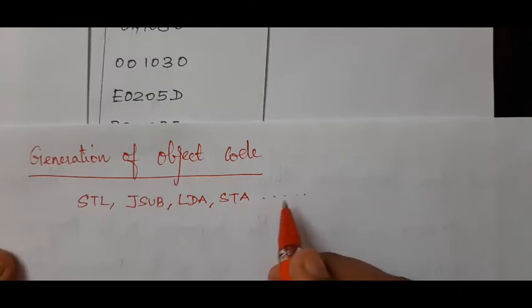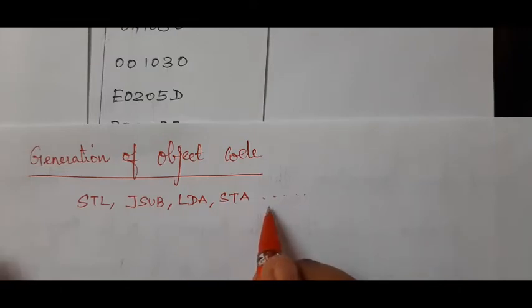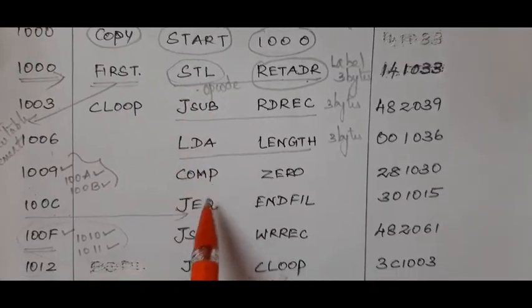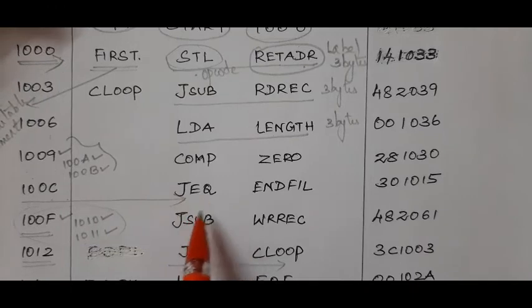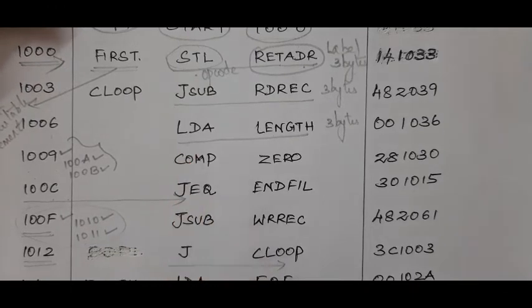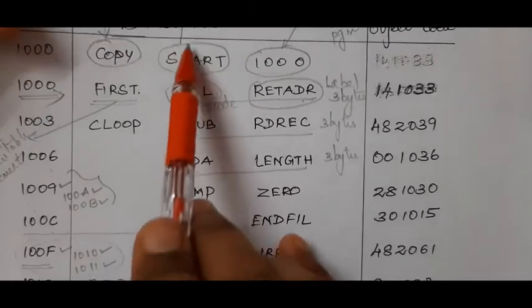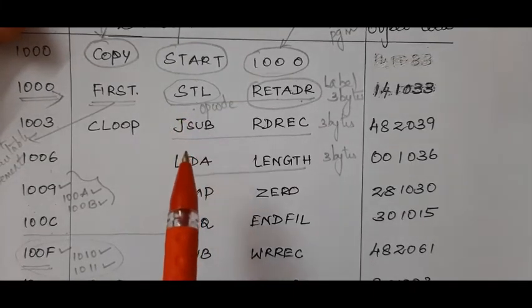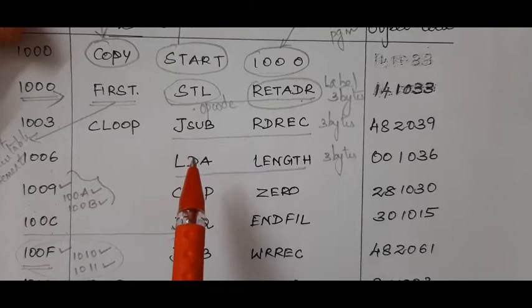These mnemonics along with values are given by the assembler while designing itself. STL, JSUB, LDA, compare, JEQ, J, all these things are mnemonics. So these mnemonics have values, which are designed by the assembler.